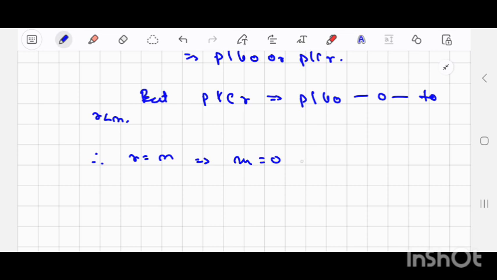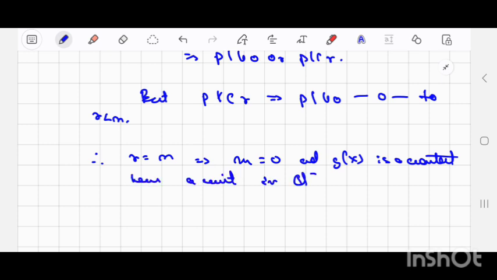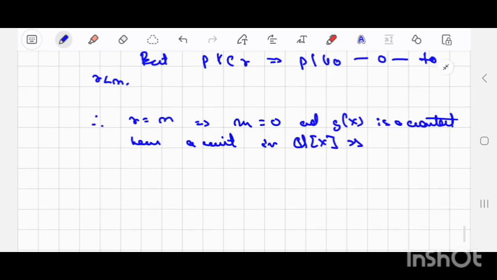That implies m is equal to 0, and so gx is a constant, a non-zero constant obviously, hence a unit in Q or Qx. Well, what does it mean? It means that f is irreducible. I got confused a bit because I wrote the notations far above, and then while proving I went below. Fine. Now it's clear, right?